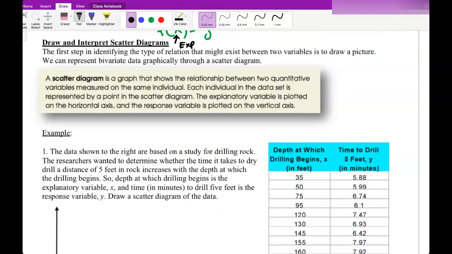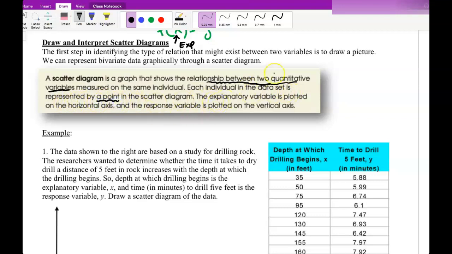Now let's try to interpret scatter diagrams. A scatter diagram is a graph that shows a relationship between two quantitative variables. We use a point for each individual, so each individual in the data set is represented by a point.